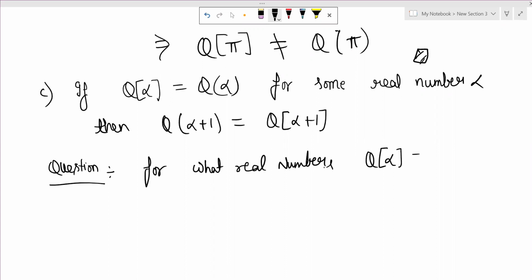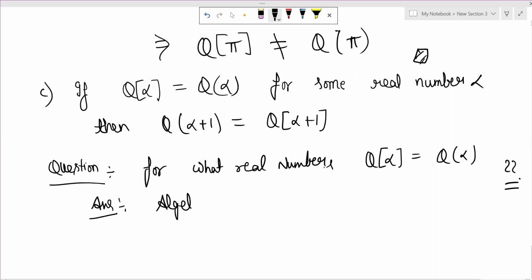It should be an algebraic number. For every algebraic number it is true. But is this true only for algebraic numbers? Can it be true for any transcendental number? Because in that case, your kernel of the map from Q[x] to Q[pi] would become the singleton zero.